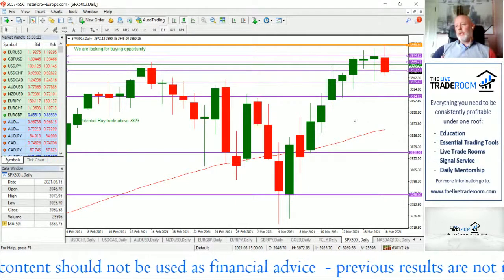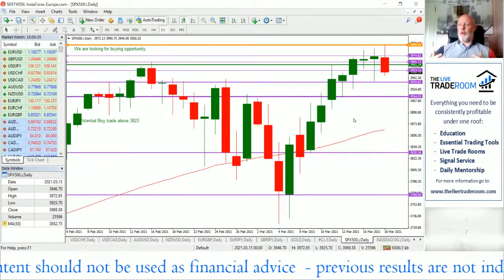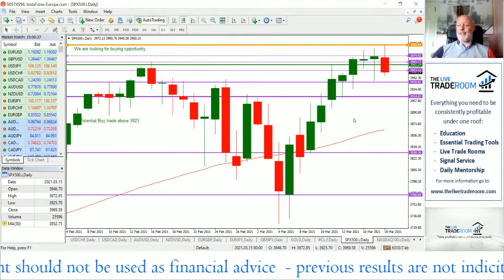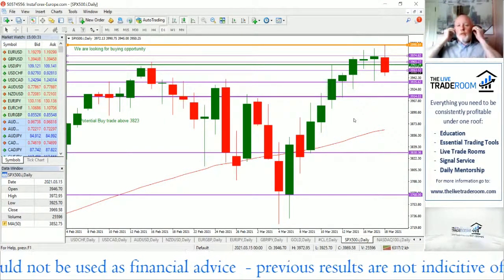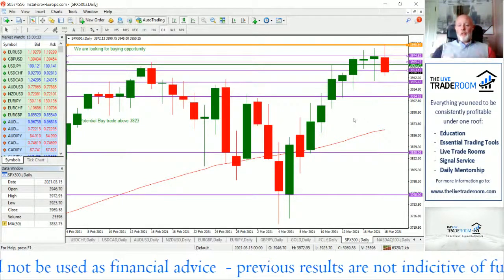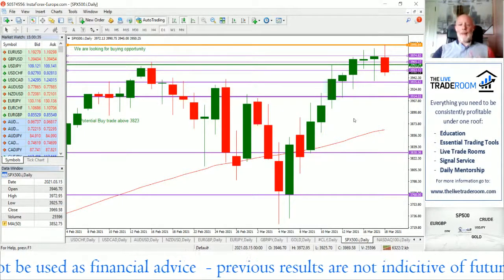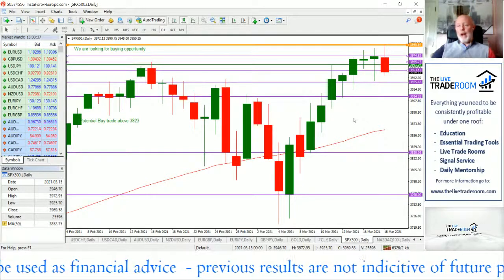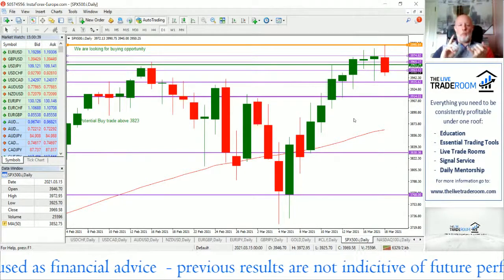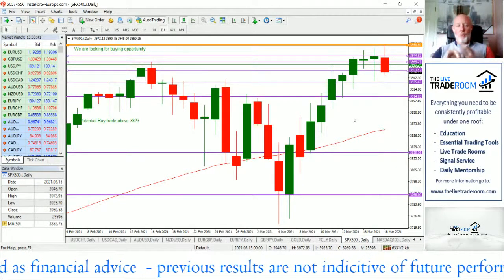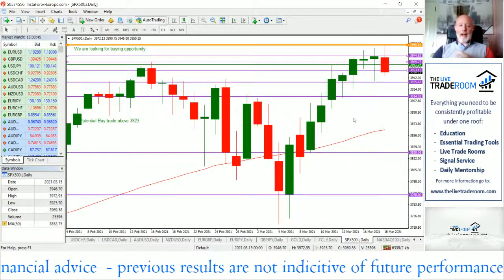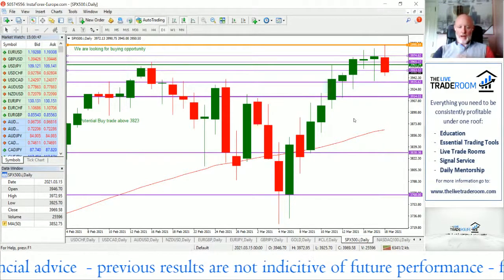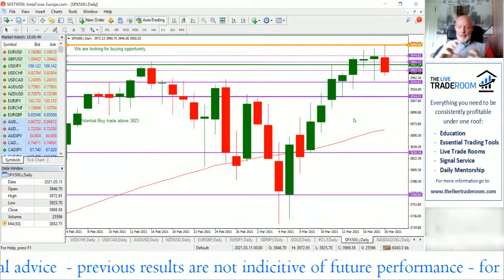The important thing to do is to be able to apply what you've learned on a day-to-day basis. And for that, we have daily live trade rooms. So the idea is we'll try to inform you as best we can about where the opportunities lie. What market should we be looking at? Where would we be looking to enter from a probability perspective? How do we manage risk on the trade? How do we manage the trade once we're in it?